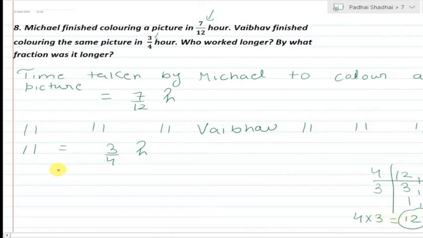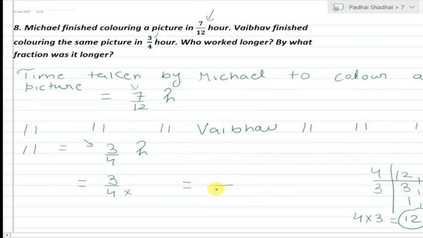Okay, so 7 by 12 stays as it is, because the 12 is already there, so here only we have to divide the 12 by 4 and multiply it to the numerator. Both of them will be multiplied by 3.